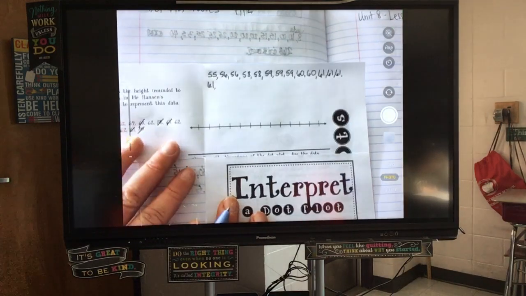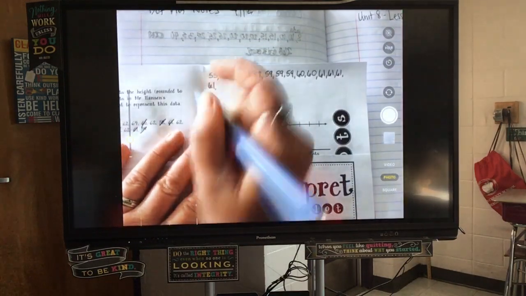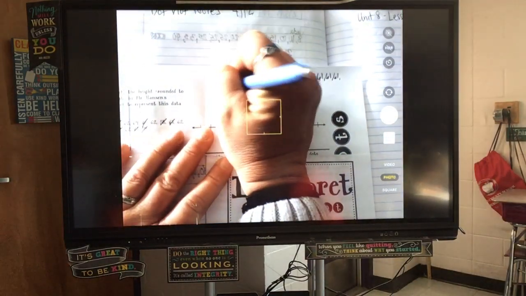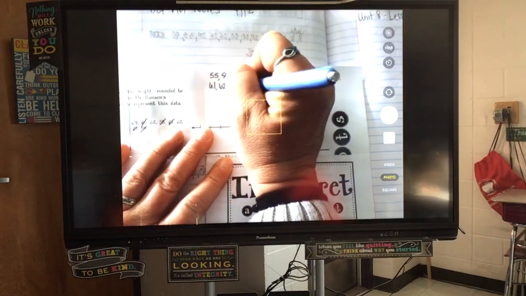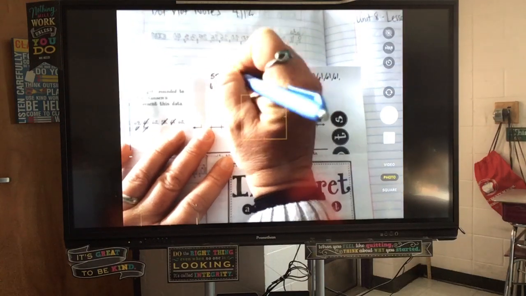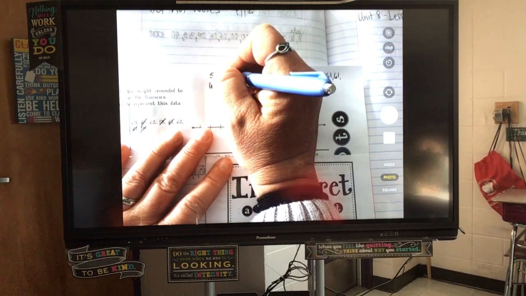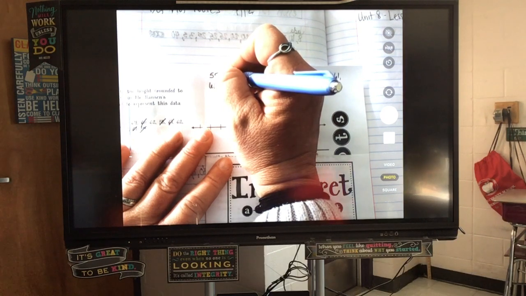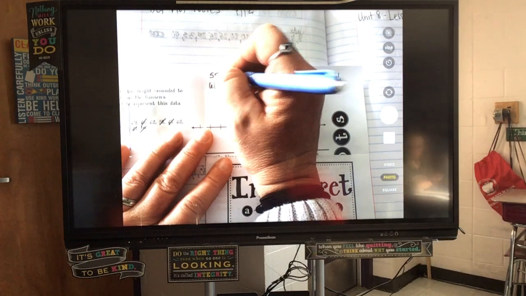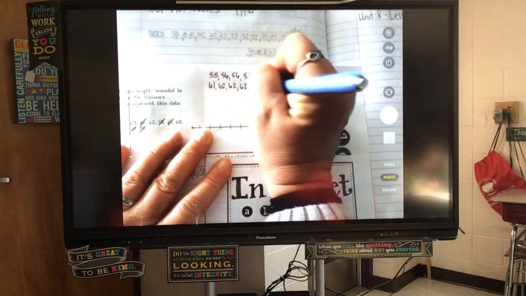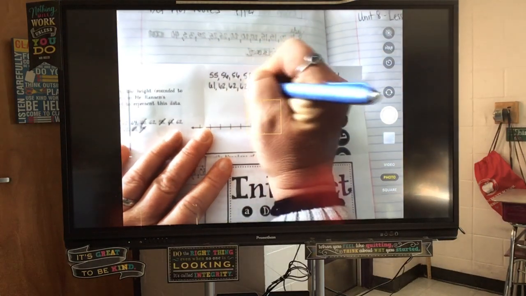Okay. How many 62s do we have? Count your 62s. Caitlin? So we have 6 62s. 1, 2, 3, 4, 5, 6.